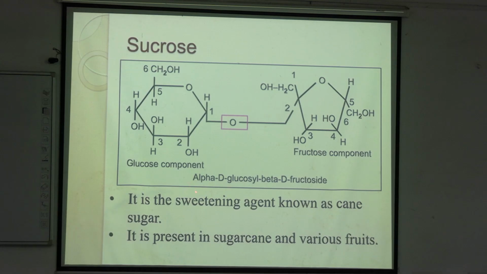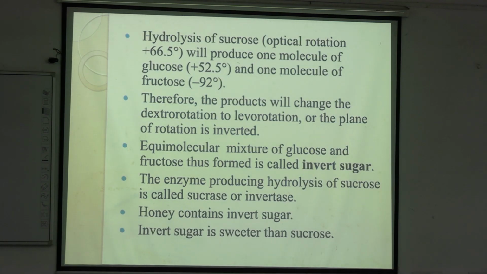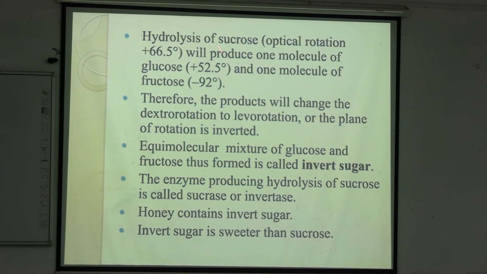So this bond will be the alpha D-glucosyl 1,2 fructose glycosidic bond. Sucrose is present in various fruits, also known as table sugar. Now, see what happens.